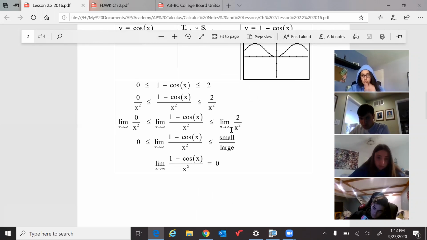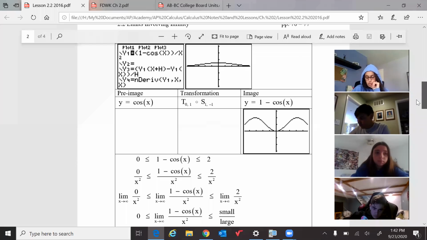Small over large is going to 0. So the left side equals 0, the right side's going to 0, so the right side has a limit of 0. And this thing is squeezed, sandwiched between 0 and 0. So the limit as x goes to the right of the question is 0, which is this picture here.